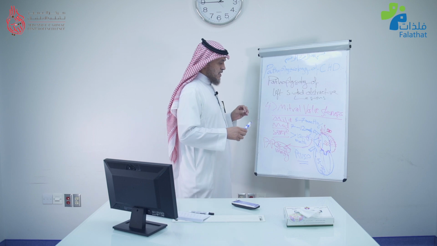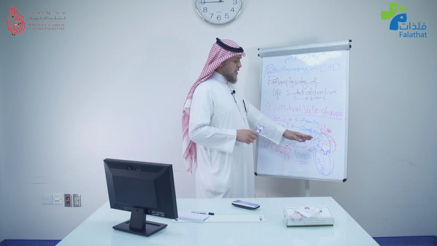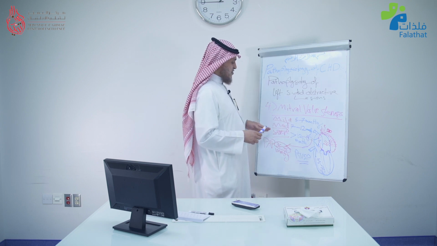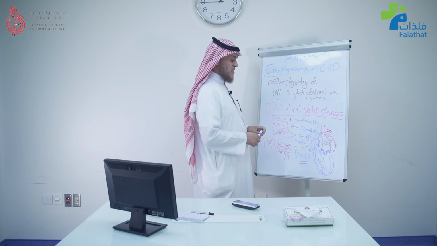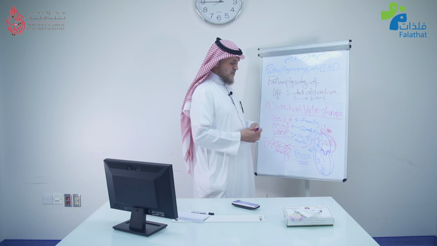All of that can give us significant pathophysiological effect. So you see, severe mitral stenosis, and especially if it was more towards critical, has a very bad effect on all the components.